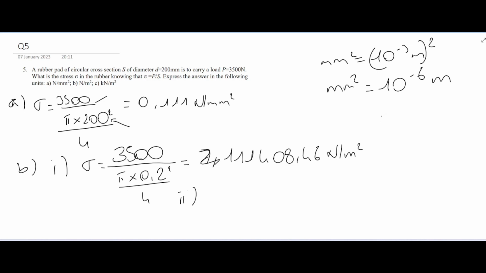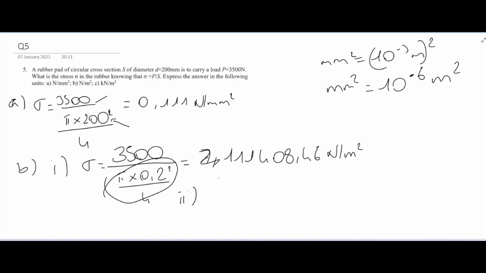Now here is where you have to be careful, because you can see here this is at the denominator, and when the exponent is negative at the denominator, it then becomes positive, if you remember your rules of powers of 10, for example. So let me just show you here.